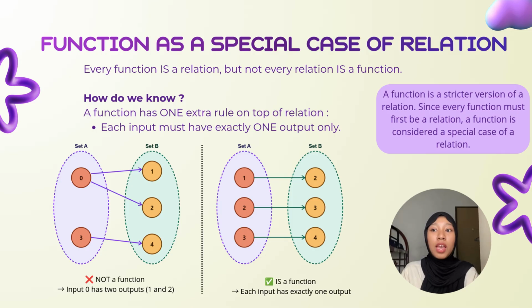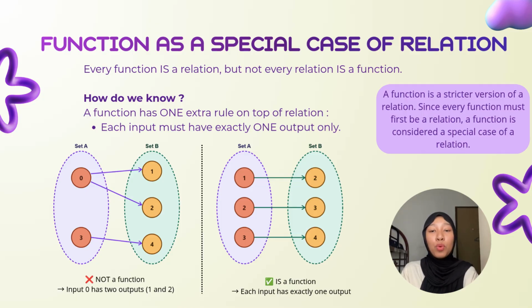Now, let's look at diagram 1. We have the relation R = {(0,1), (0,2), (3,4)}. Notice that input 0 has two arrows. It maps to both output 1 and output 2. So this breaks the function rule. This relation is not a function, but it is still a valid relation. Look at diagram 2. We have R = {(1,2), (2,3), (3,4)}.